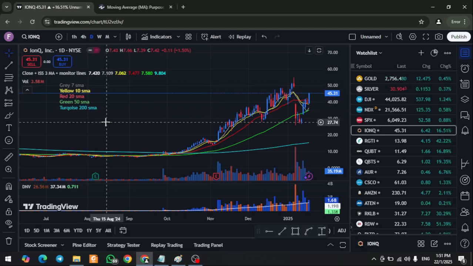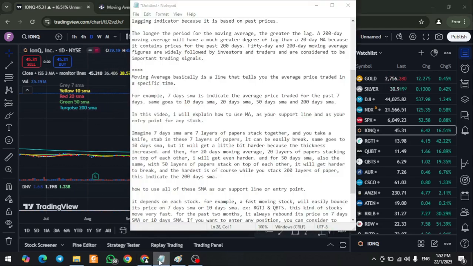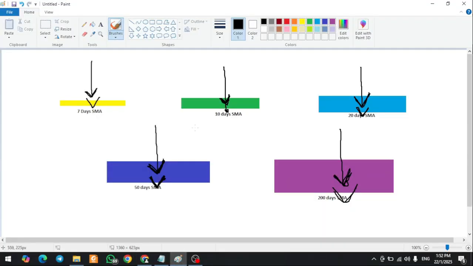How are we going to use this as our support line? This example here shows how the price can easily break each of these lines.